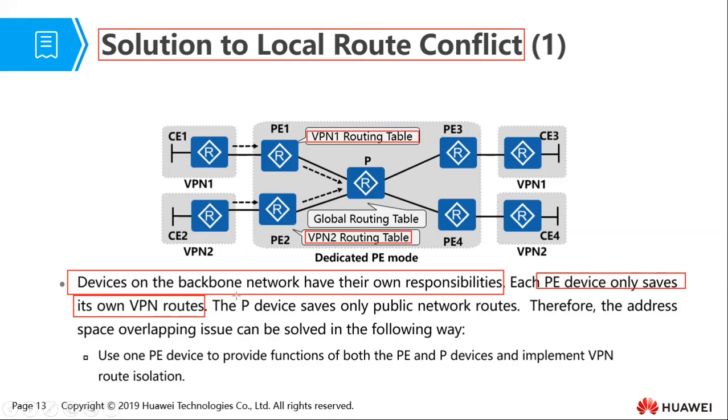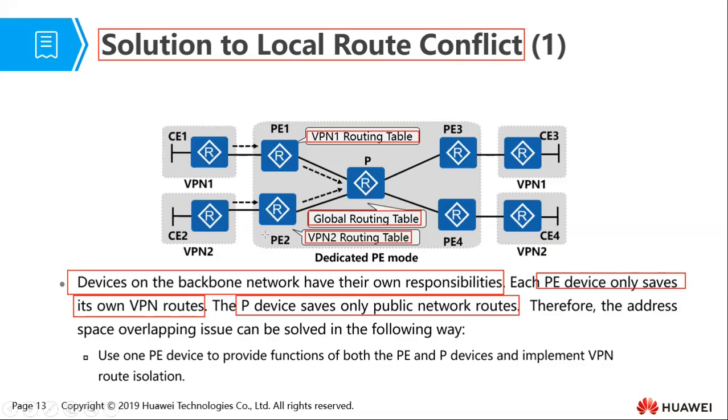Now, on the other hand, the P device, the provider device, saves only public network routes. Public network routes is simply the global routing table. So the P device will only save the global routing table.